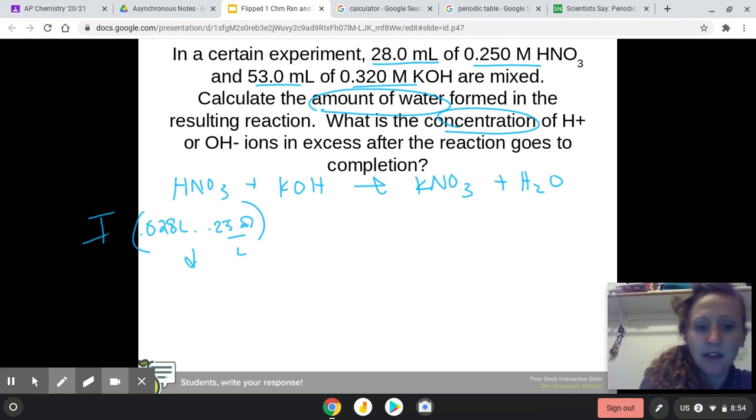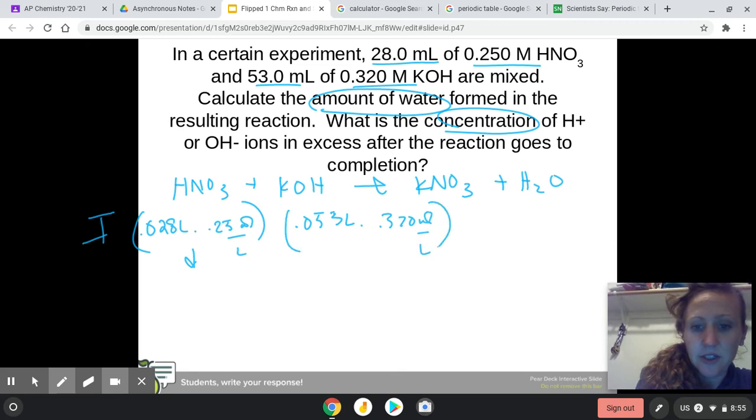So this is what I have initially. And this is for KOH. Let's get myself to initial amount of moles there too.